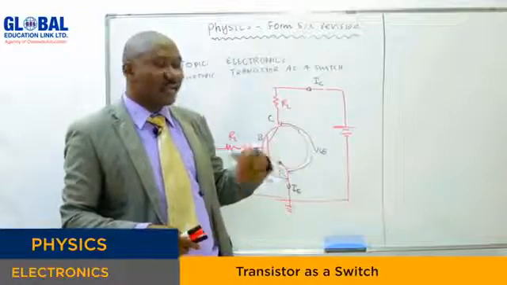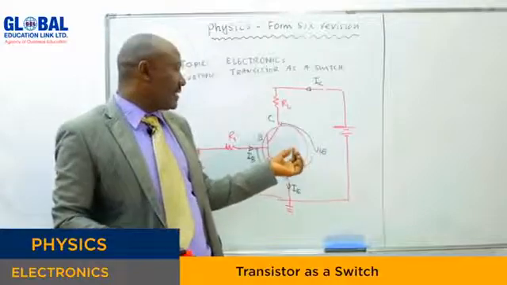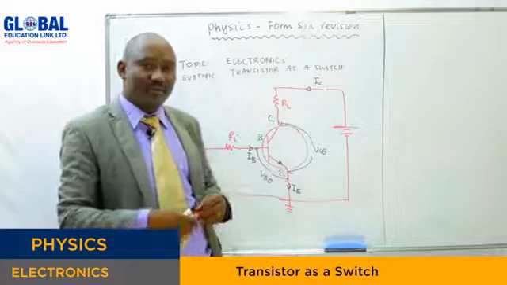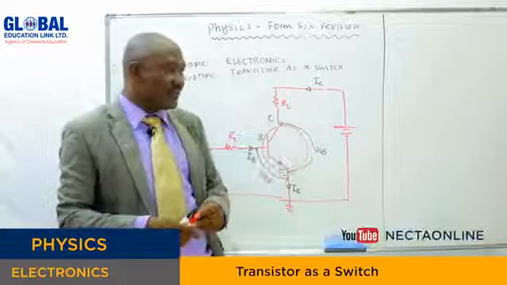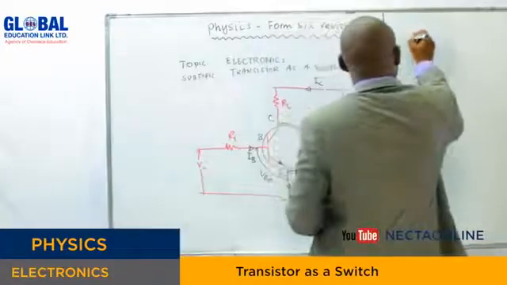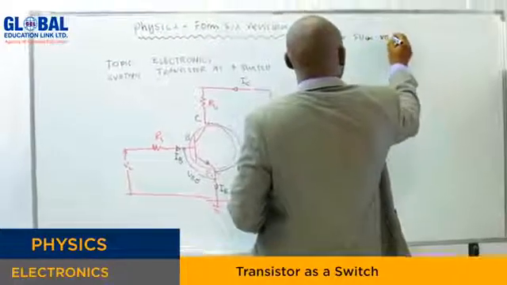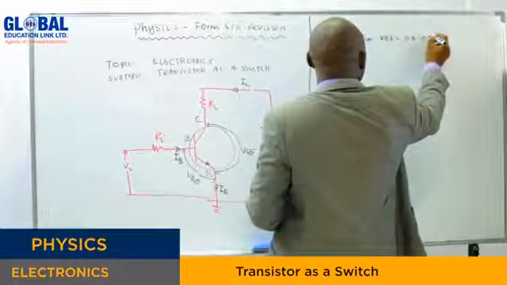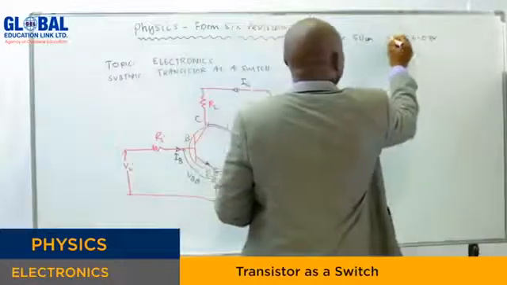We can use NPN or PNP, made from materials like silicon and germanium. We prefer silicon, if you remember in the class, and we know the reason why we normally use silicon transistors instead of germanium. So for silicon, the base-emitter voltage varies 0.6, 0.7 volts. It varies from there.